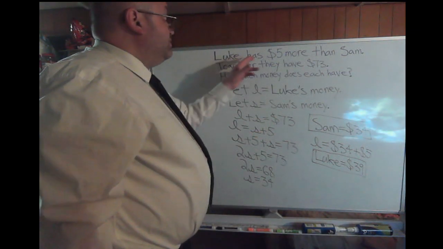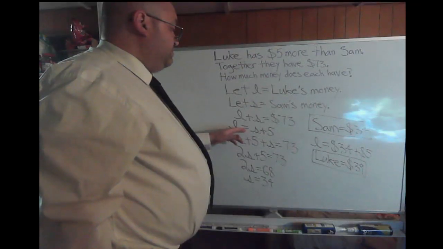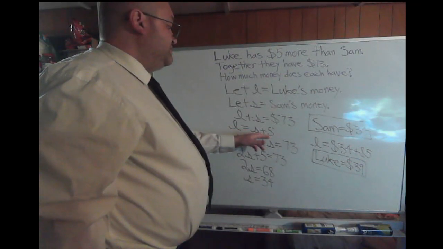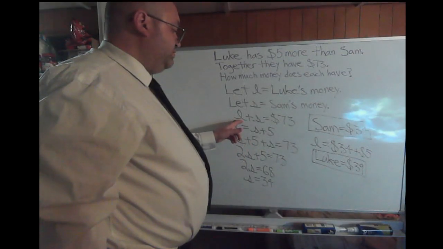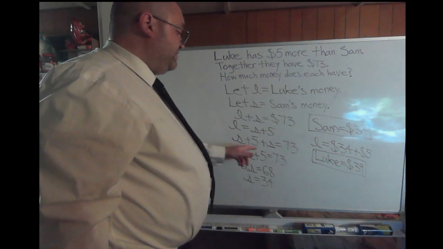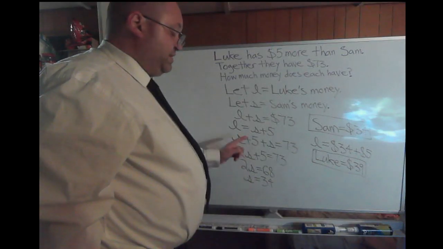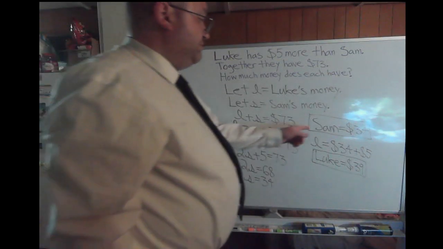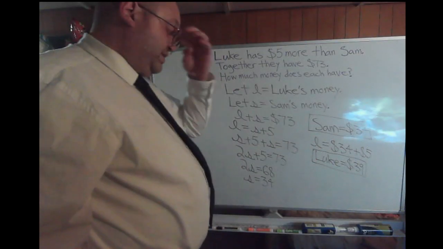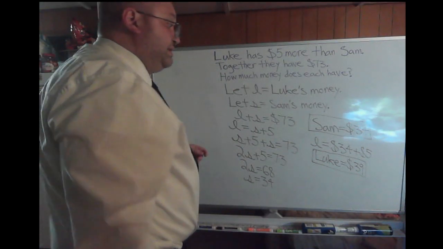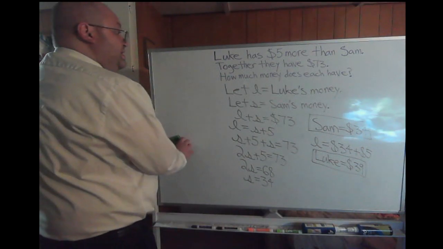And then it tells you Luke has $5 more than Sam, so Luke's money is $5 more than Sam. We could take that $5 more than Sam, substitute that in place of Luke's, so you get S plus 5 plus S. Then you just simply do the algebra from there. You come up with Sam is $34, Luke is $39. And I guarantee you if you add 34 plus 39, you would get $73.